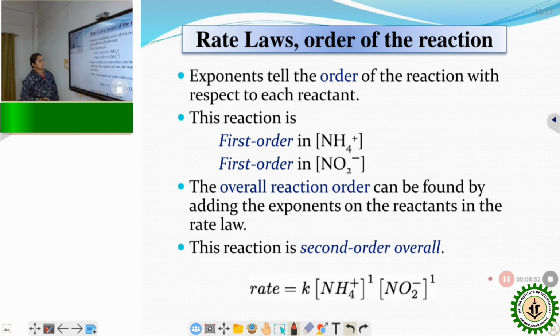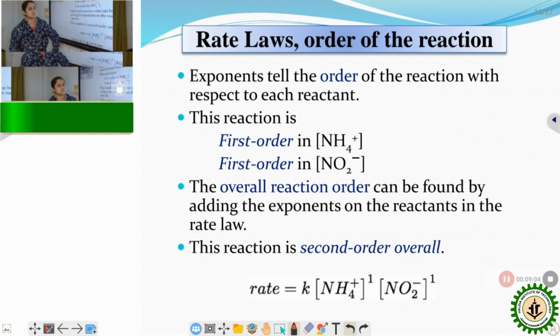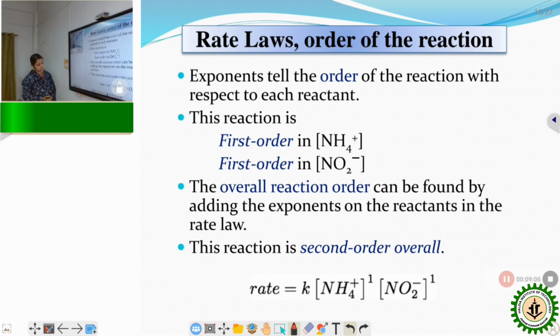So from this rate expression, we can see that the power of the individual concentration term is 1 here. The summation of the power terms of the concentration terms in the rate equation is called the order of the reaction. That means we can define the order of the reaction as the summation of the power terms of the concentration terms in the rate law equation.